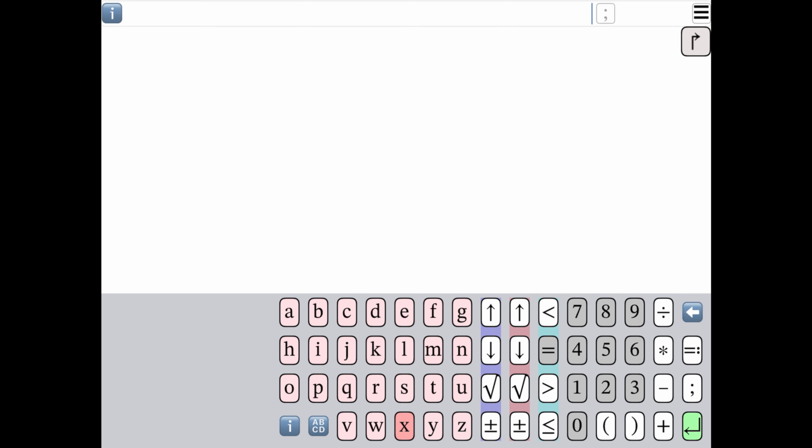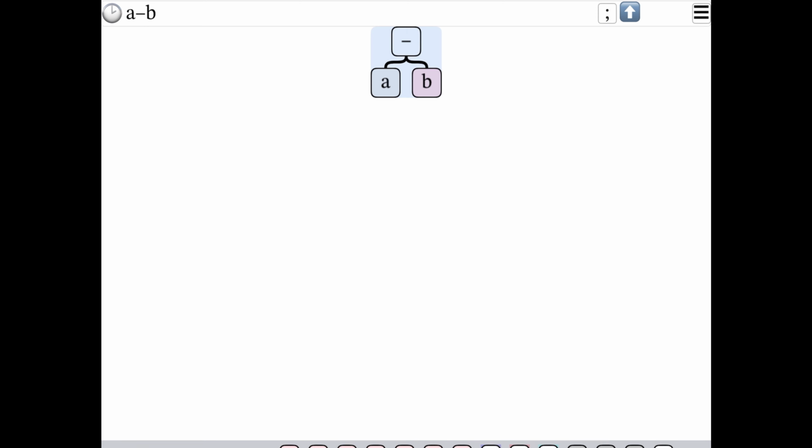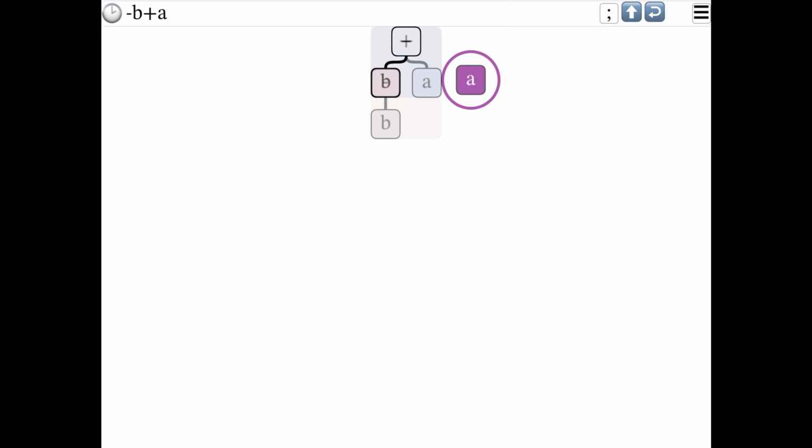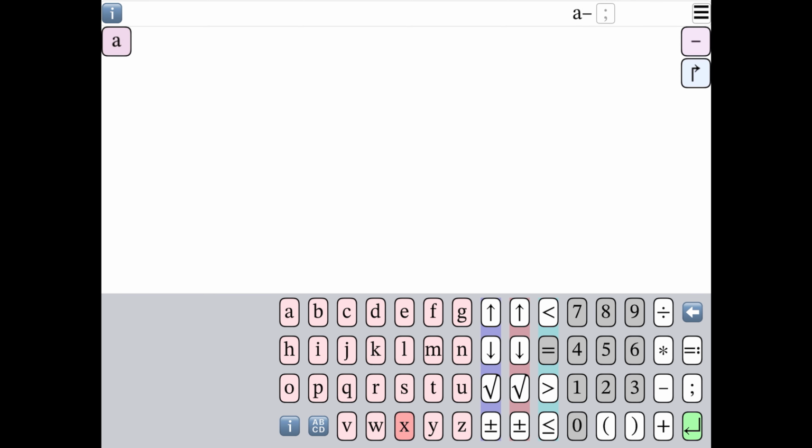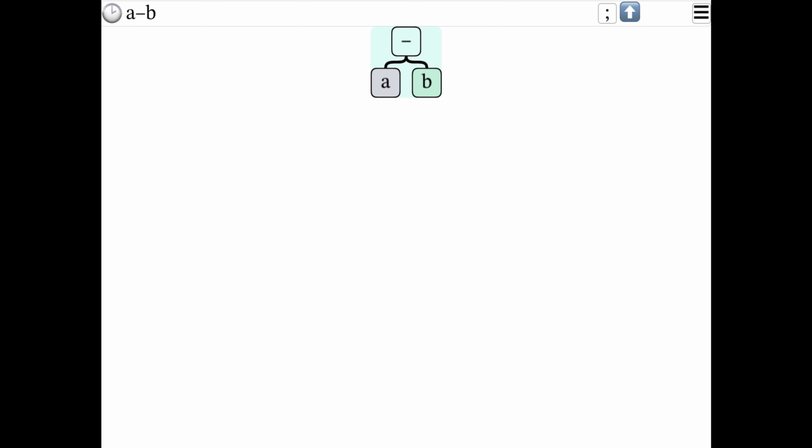It can be shown for any numbers a and b that a minus b equals negate b plus a. This always works. It doesn't have its own special name in math books, but many people call it turning subtraction into addition.